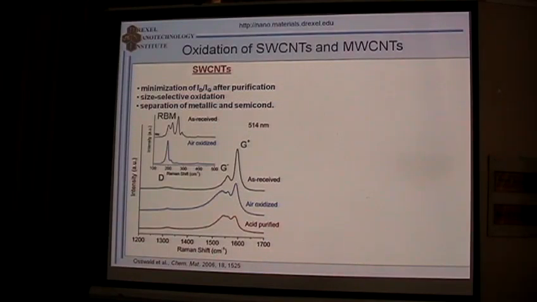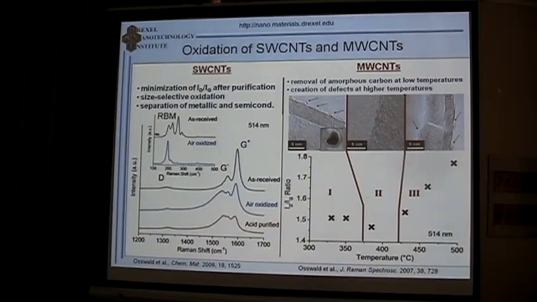But you can see air-oxidized samples have very nicely distinguished bands, with the number of metallic nanotubes clearly increasing after the changes, and also RBM modes become much narrower. What does it mean in this case? We eliminate some carbon nanotubes of smaller diameter. Larger diameter tubes will have RBM modes at lower wave numbers here. And you can do similar things, of course, to multiwall nanotubes.